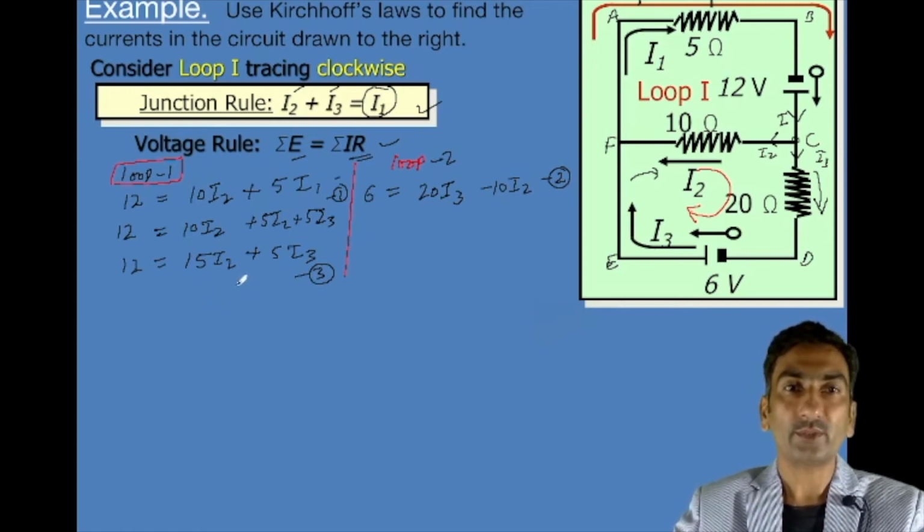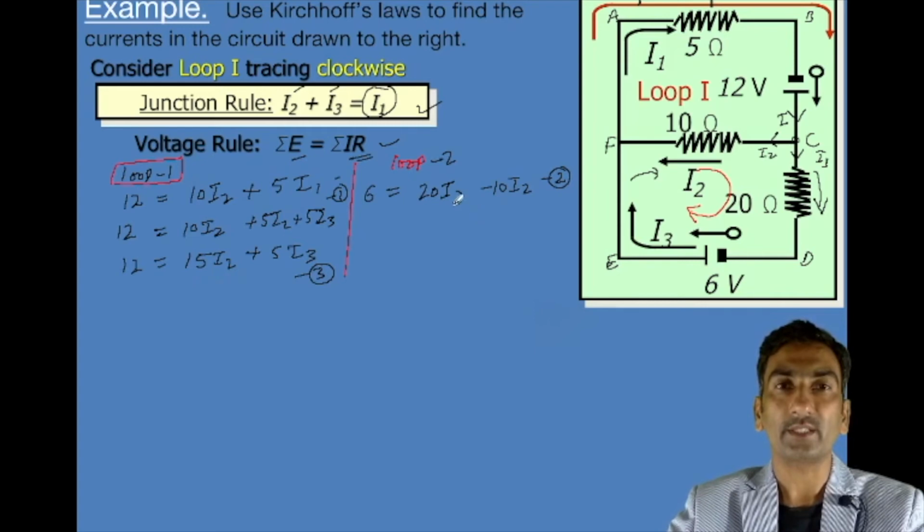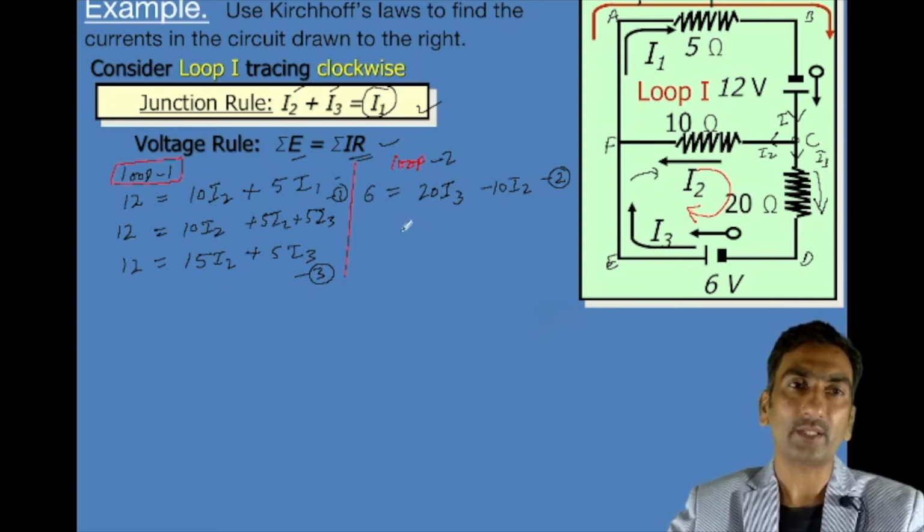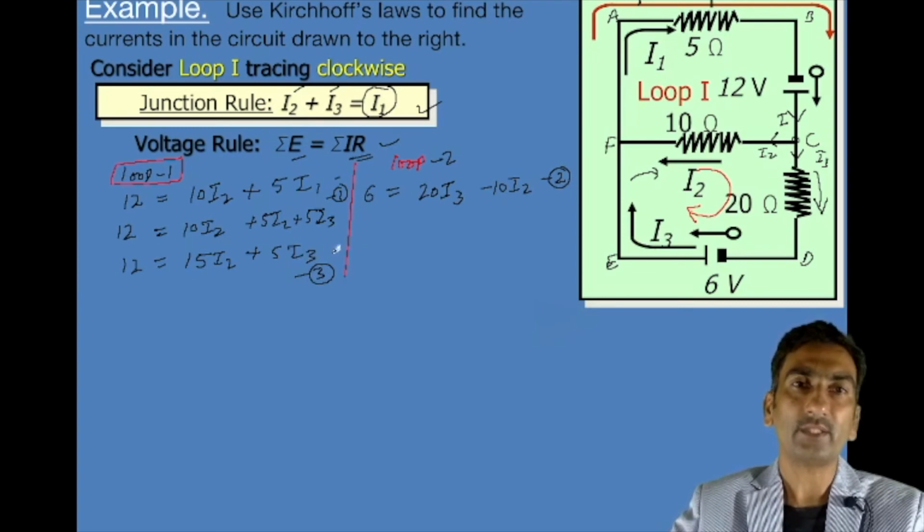Now equation number 3 and equation number 2, you can check it here. Both are in terms of I3 and I2. So one current we can eliminate. So let's eliminate I3 current, right? Here it's 5 I3, this one is 20 I3. So what do we do?